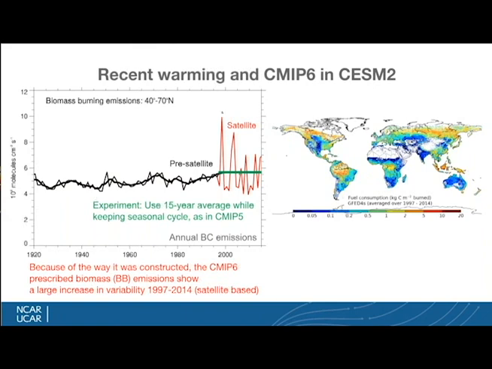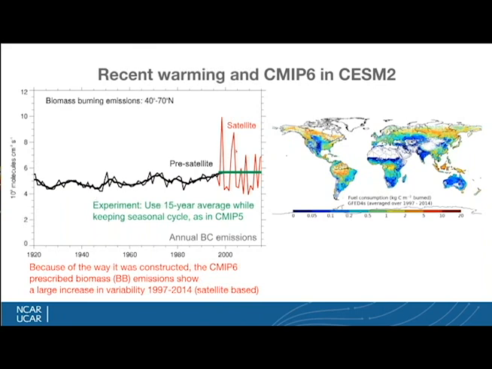And if you look at the way the historical biomass burning emissions are constructed, pre-satellite, there is some reconstruction that takes into account as much information as one can find. It could be charcoal records, it could be information about land that was burned from historical records. So it's just a mix of things.